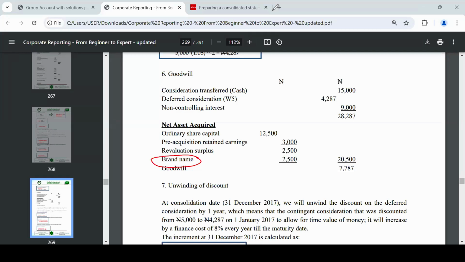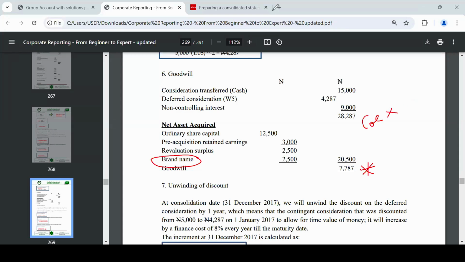Okay, so we get our goodwill here. Fine. But don't forget that we still need to unwind the discount. In unwinding the discount, we'll say what is the cost of capital multiplied by the contingent or deferred liability.